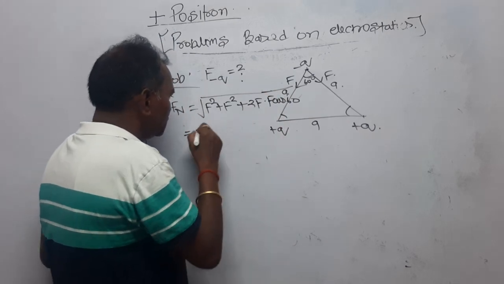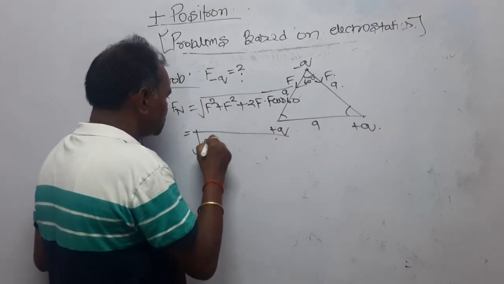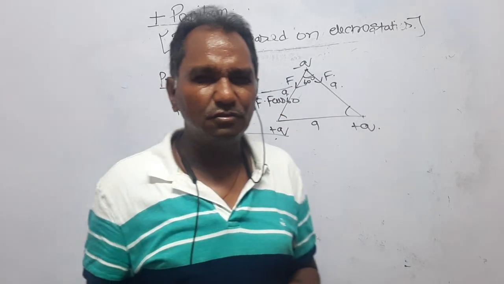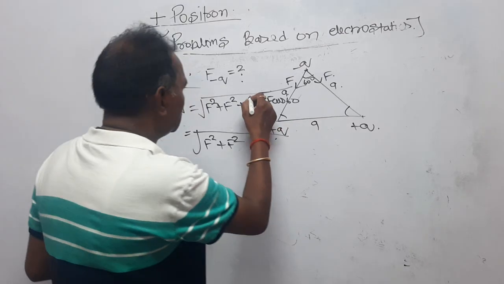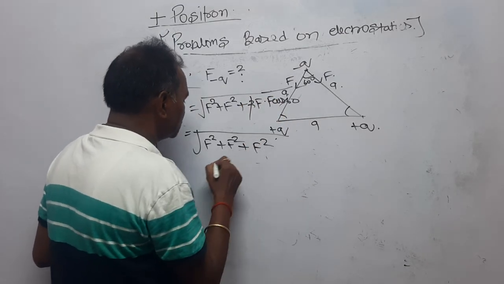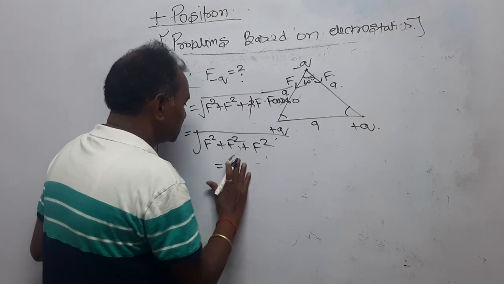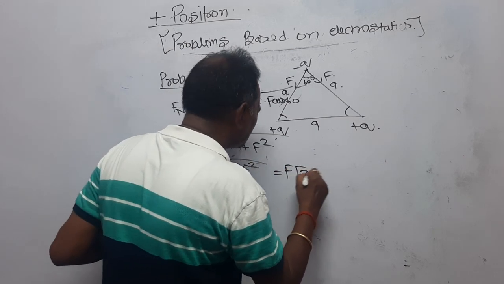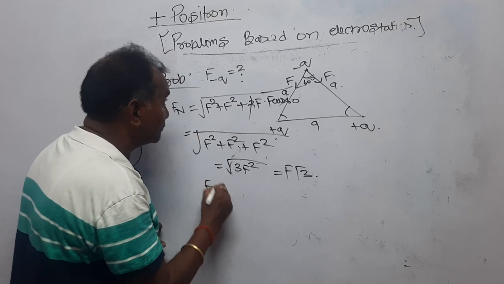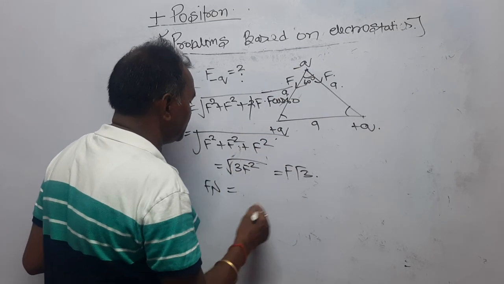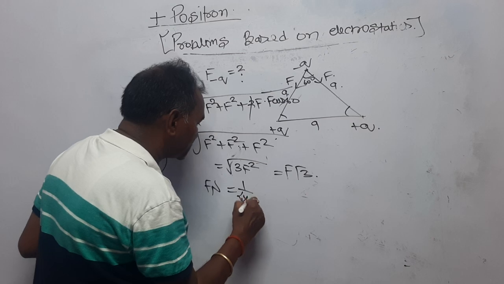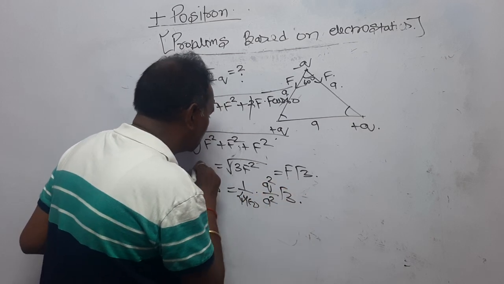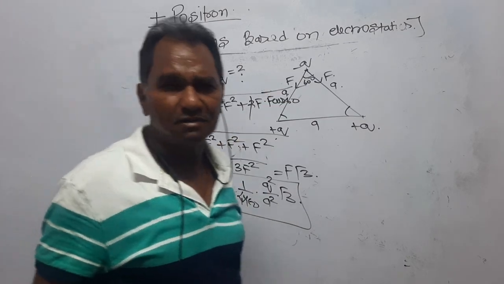Now cos 60 is 1 by 2, so the 2 and 1 by 2 cancel, giving F square. So this is 3F square, and that is F root 3. So Fn, the net force at minus Q, works out to be F, which is 1 upon 4 pi epsilon naught Q square over a square, times root 3. This is the net force acting on charge minus Q.